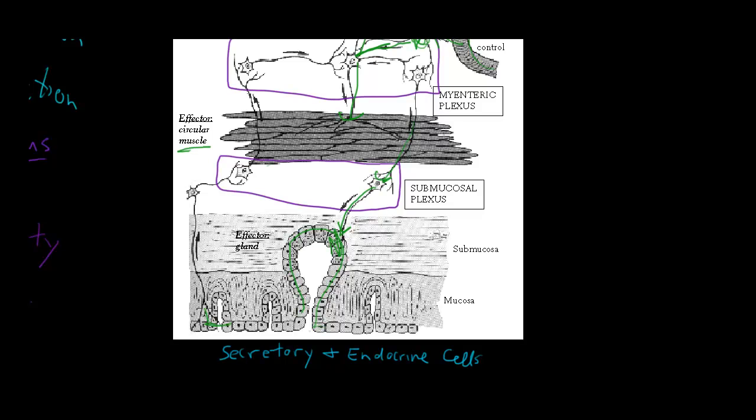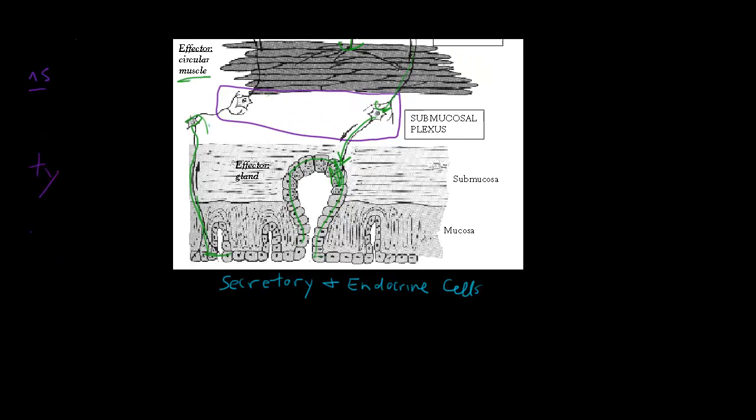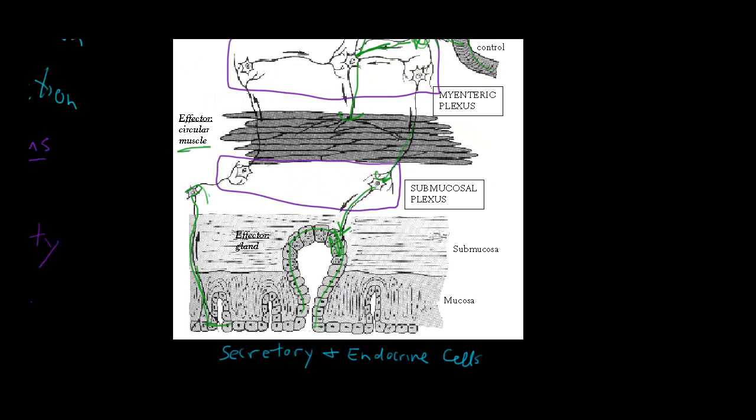Here, sensory cells from the epithelial wall will come back up and travel up to the central nervous system, or might be contained within the enteric nervous system as a self-fulfilling kind of program for reflexes or coordination. You don't think about digestion. You don't have to tell your body to digest. It takes care of itself.